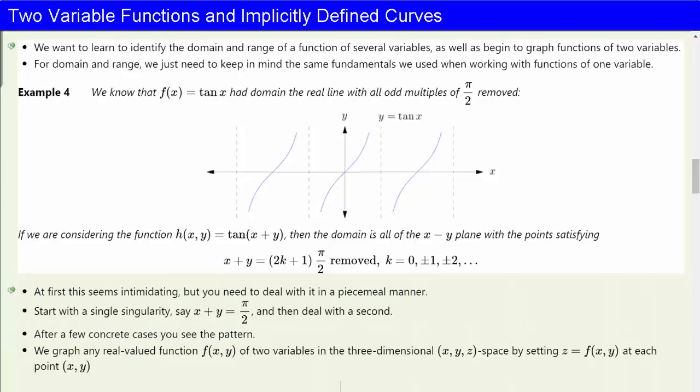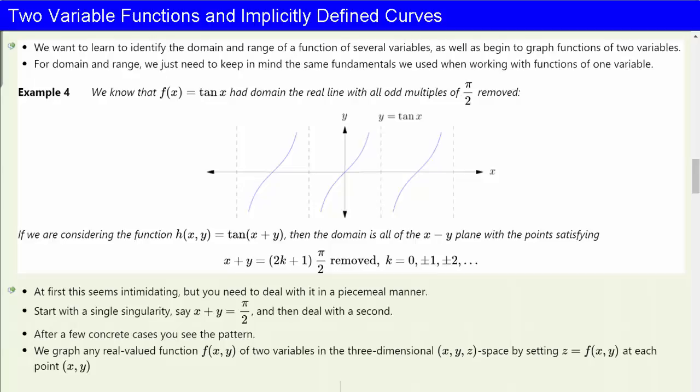For domain and range, we just need to keep in mind the same fundamentals we used when working with functions of one variable. For example, we know that f of x equals tan x has domain the real line with all odd multiples of pi over 2 removed. So, if we are considering the function h of x, y equal to the tangent of x plus y, then the domain is all of the xy plane with the points satisfying x plus y equals an odd multiple of pi over 2 removed.